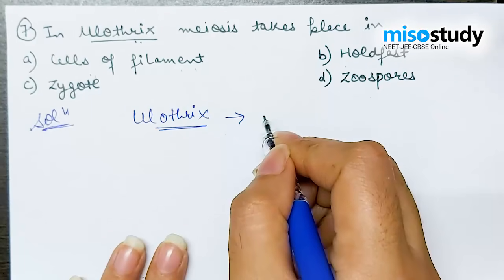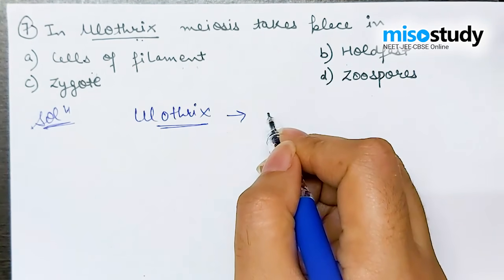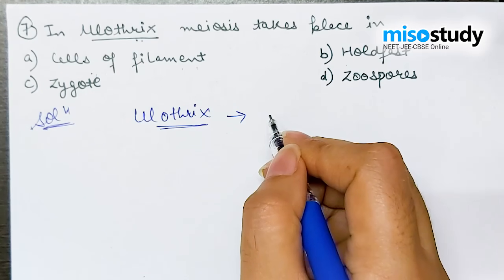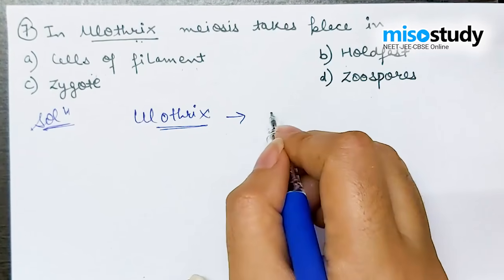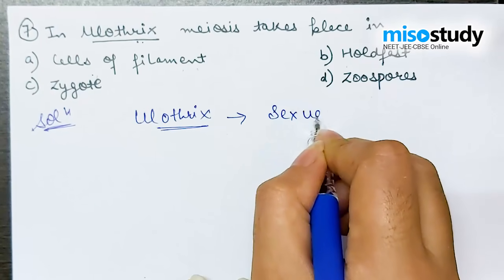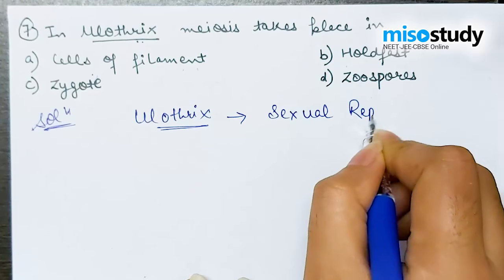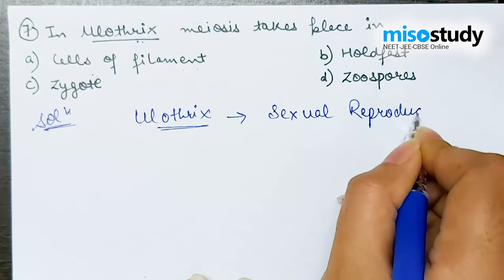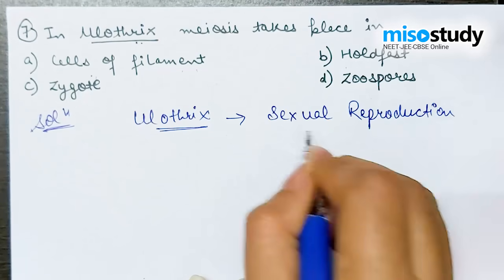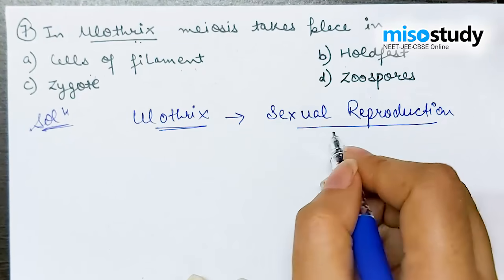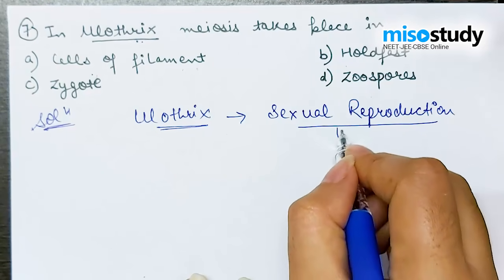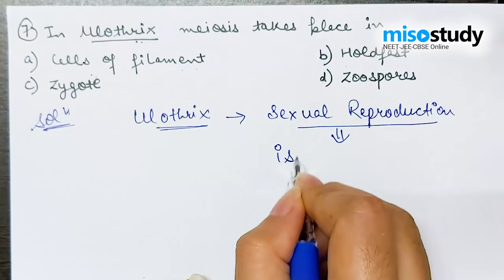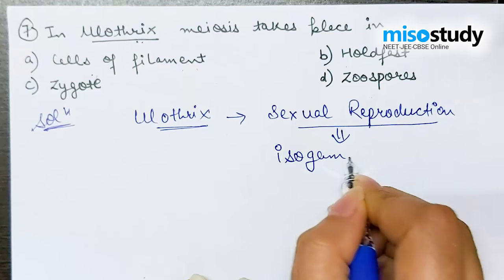As we all know, Ulothrix is generally a plant type in which sexual reproduction is of isogamous type.